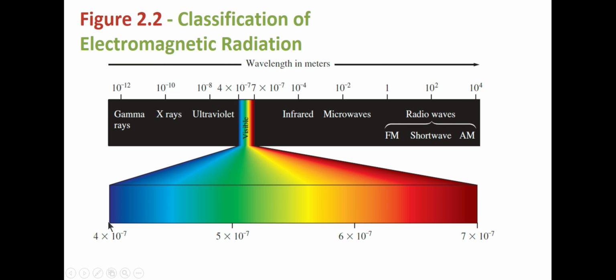So I have my violet, which is the shorter wavelength, and I go up to red, which is my longer wavelength. Note that the ultraviolet is a little shorter than the violet, and the infrared comes next, and that's a little bit longer than the red. So that helps you determine which side is which. So the violet is on the ultraviolet side, and the red is on the infrared side.